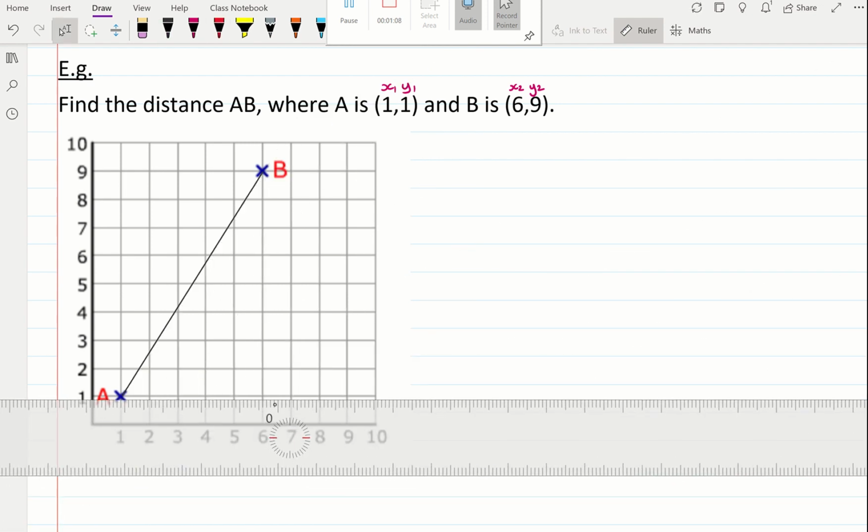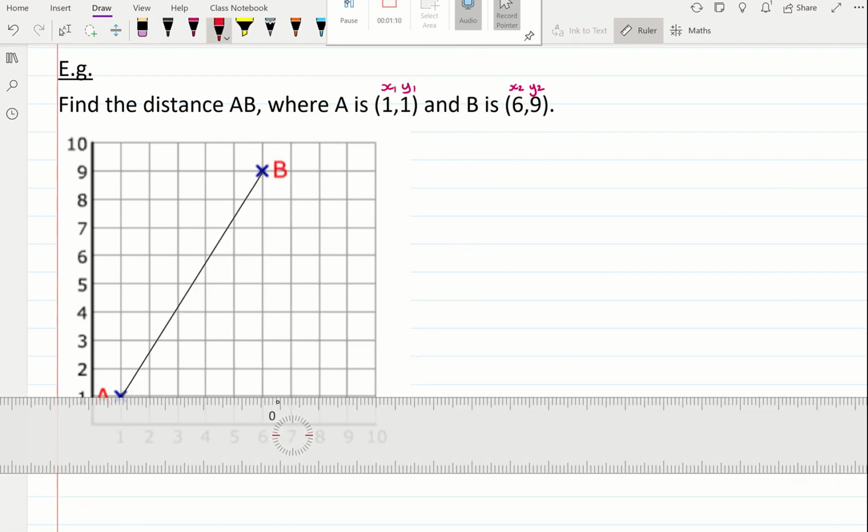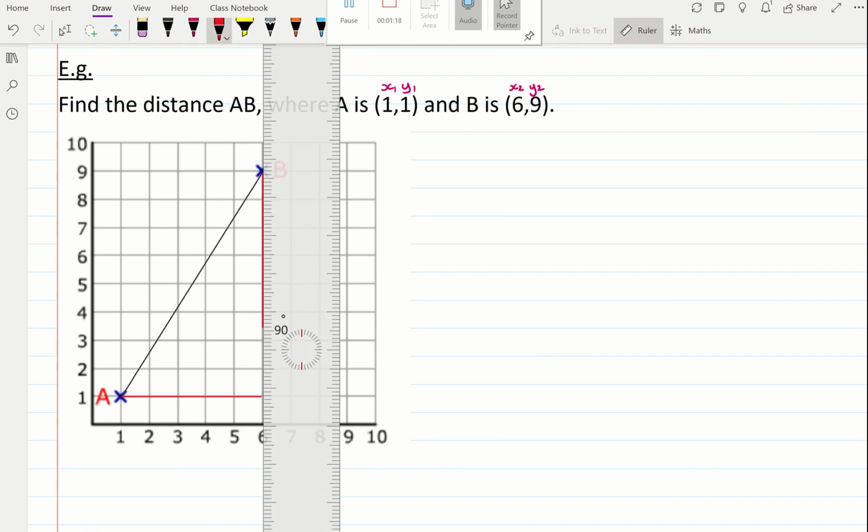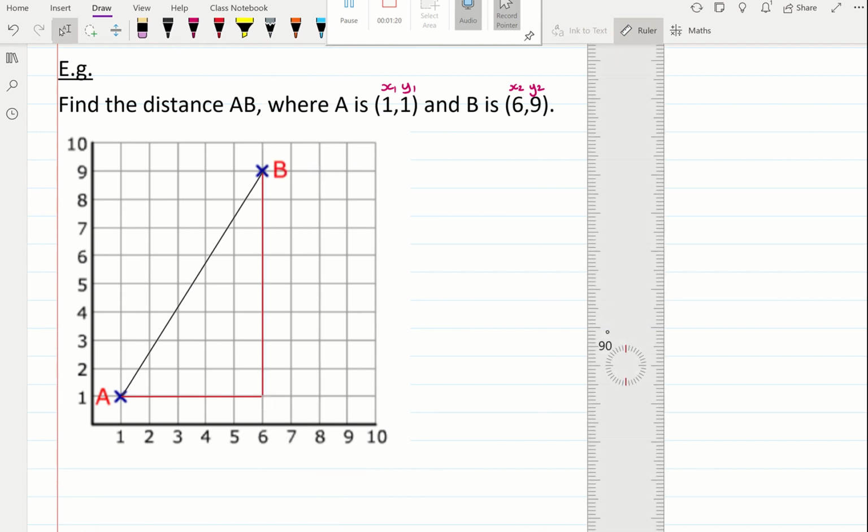Now, I can create a right-angled triangle, and you can see that AB is the hypotenuse. And these lines are always the hypotenuse. They're not vertical or horizontal, they're diagonal lines, and they will always make the hypotenuse.